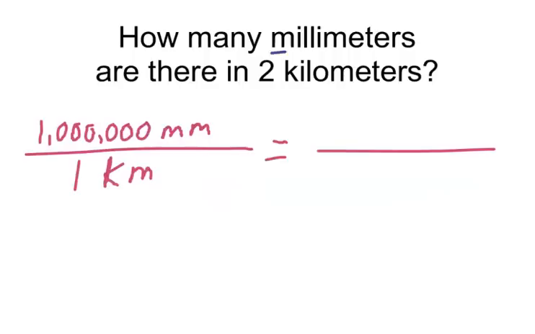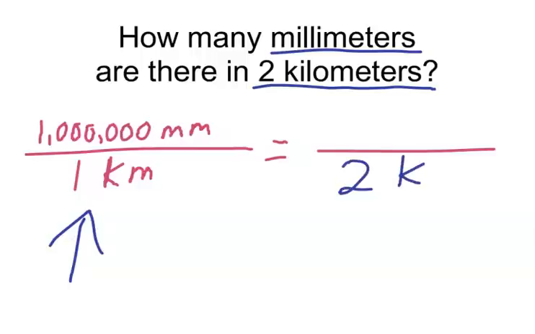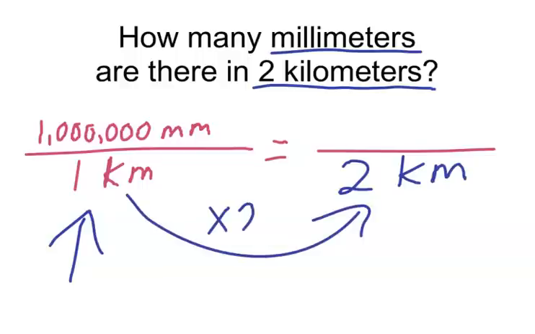How many millimeters are there in 2 kilometers? All right, so I went ahead and supplied you with this information. 1 million millimeters is 1 kilometer. Okay, so to get to 2 kilometers, shouldn't be too difficult, right? 1 times what number will give you 2? Yeah, times 2.